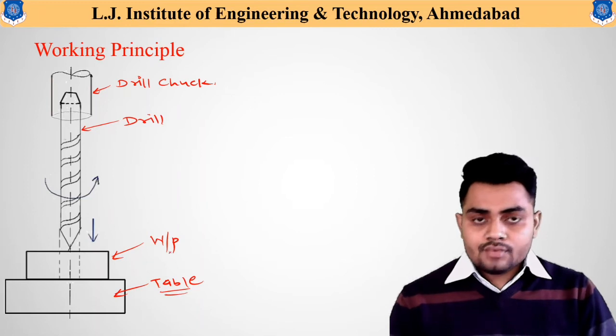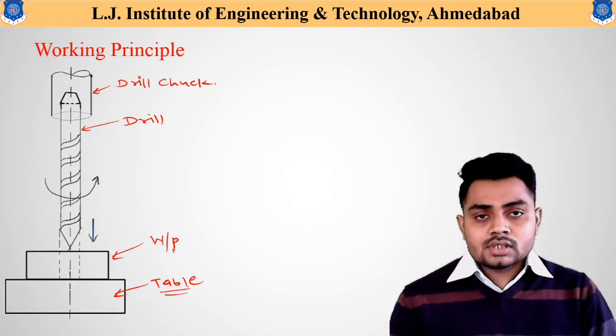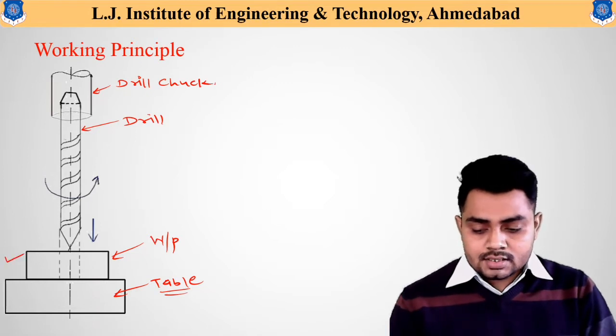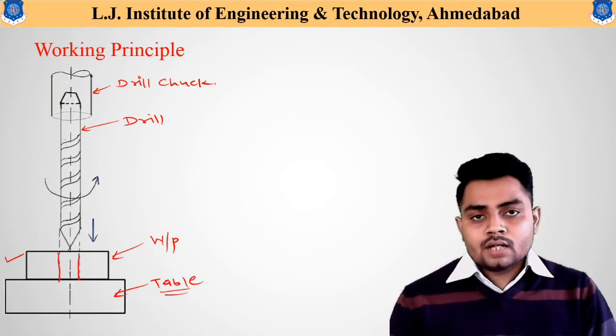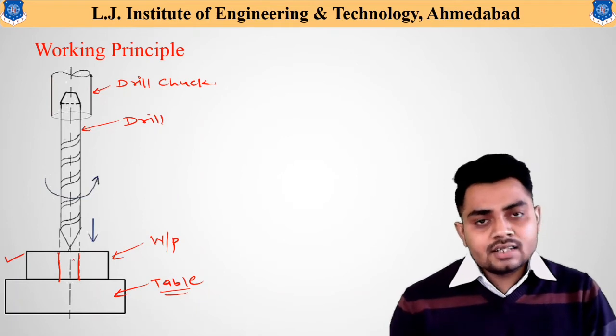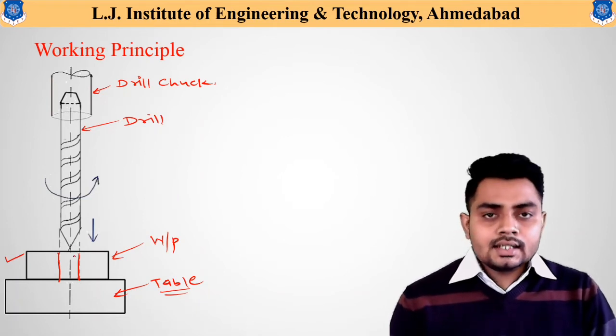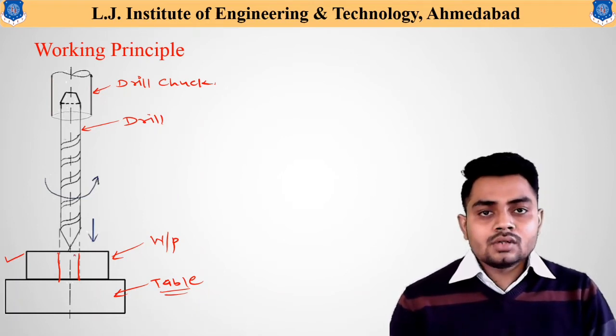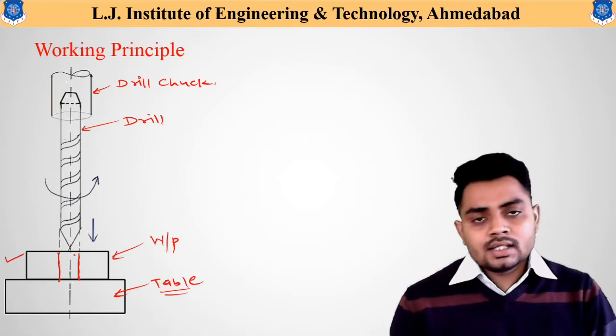Now if the primary objective is to drill a hole in this particular workpiece, and we want to drill this much of hole, we must perform the drilling operation, because drilling is nothing but generating a hole inside the workpiece as per requirement.